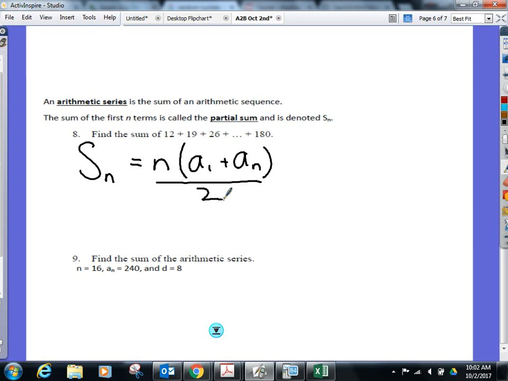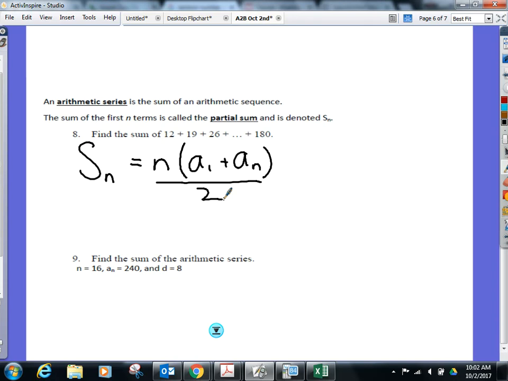And I will help you fill this in right now. That is not on the formula sheet. I will give you a fresh formula sheet Friday. That is the only one this unit you are responsible for.